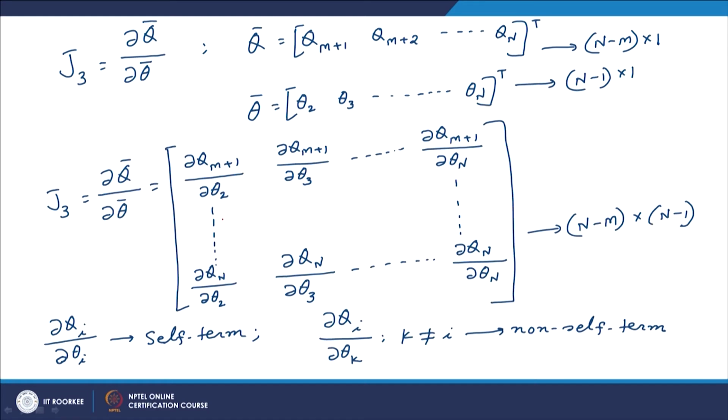It would be clear from here. So, k varies from 2, 3 to n and i varies from m plus 1 to n.